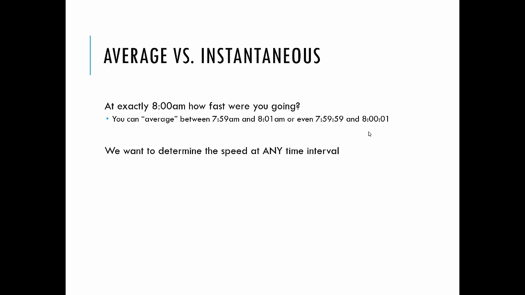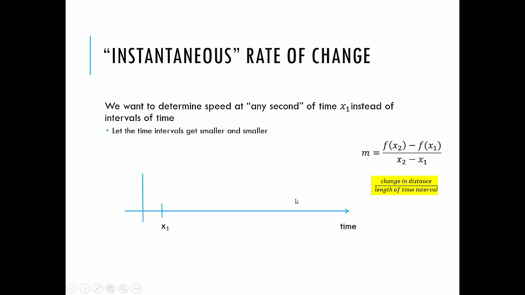So you can make your time interval here get smaller and smaller until you're finally looking at, but I want to know a speed at any time interval, and I want to get to the point where it's at an exact time. Oops, went the wrong way.